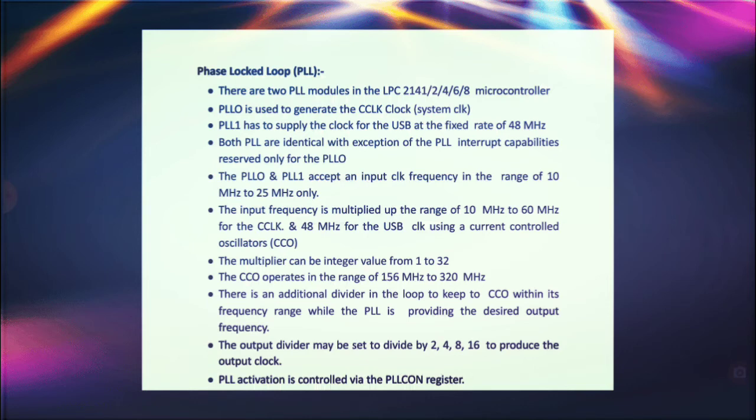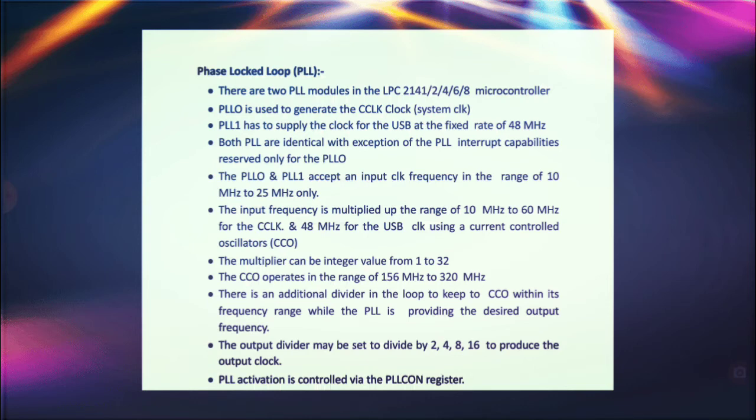The multiplier can be an integer value from 1 to 32. The CCO operates in the range of 156 MHz to 320 MHz. There is an additional divider in the loop to keep the CCO within its frequency range while the PLL is providing the desired output frequency.